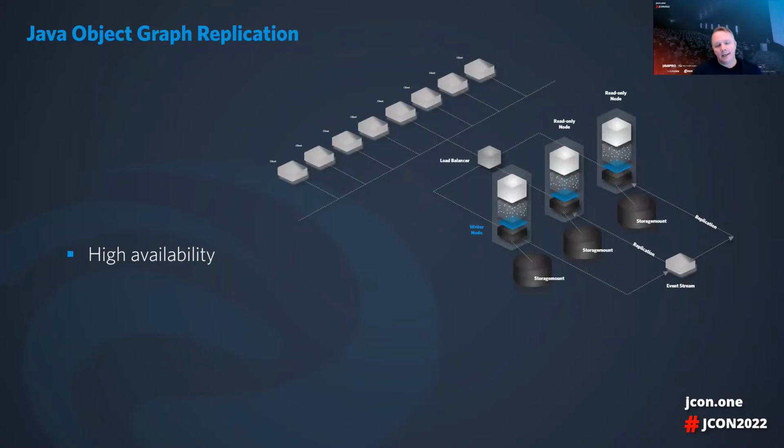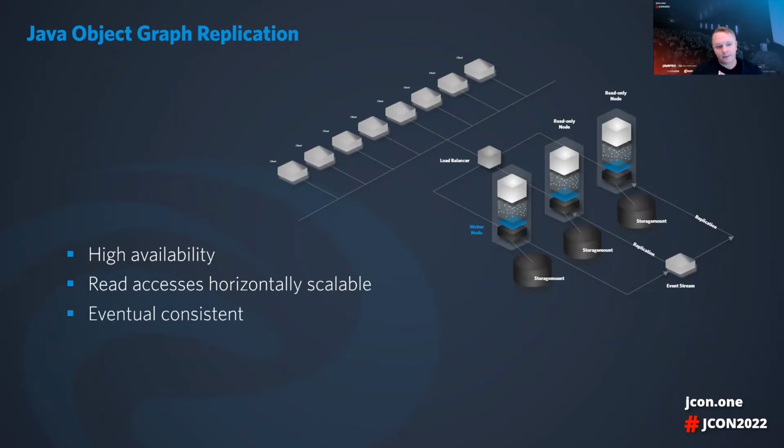That means the cluster will guarantee an acceptable response time, no matter how many requests we have. I think that's one important thing. And this is based on object graph replication, as Markus said before. That means our read accesses are scalable horizontally, and I think that's a very important thing.